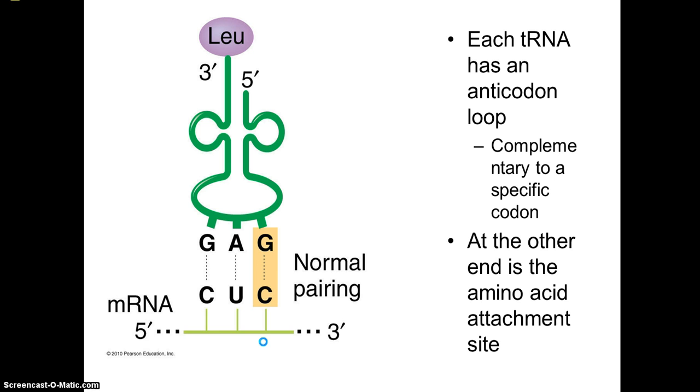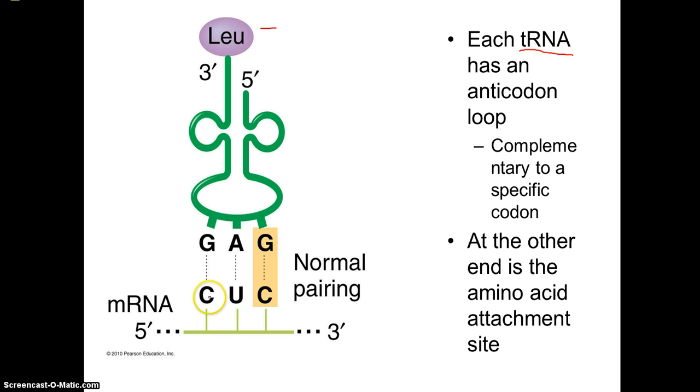So let's go back up to this picture here for a minute. This is a tRNA. Remember, the T stands for transfer. A tRNA, its job is to bring one of these, this is the amino acid right here, bring an amino acid over to the ribosome when it's called for. Now, how are they called for? Well, look down here. This CUC, this is on the mRNA.